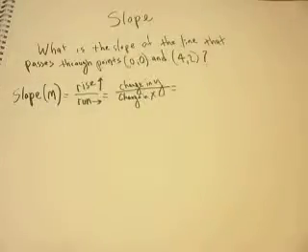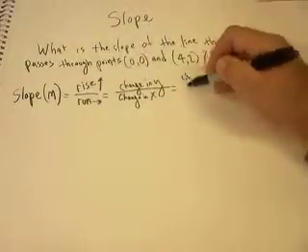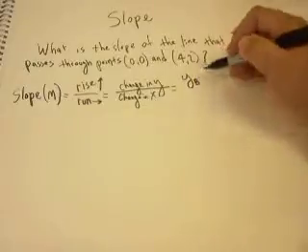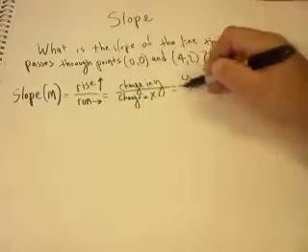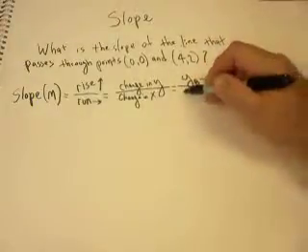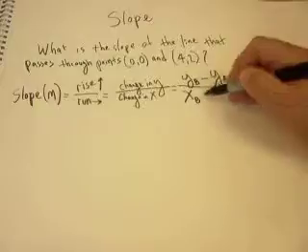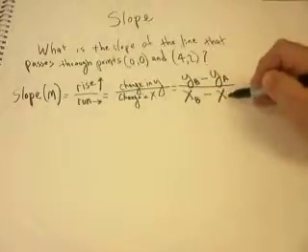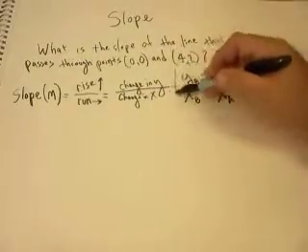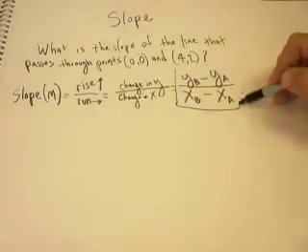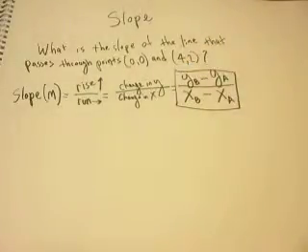I like to think in terms of traveling from point A to point B. So let's talk about the y for point B minus the y for point A. That's my change in y, all over the x for point B minus the x for point A. So that's actually going to be the formula I'm going to use. Slope is equal to y sub B minus y sub A, all over x sub B minus x sub A.